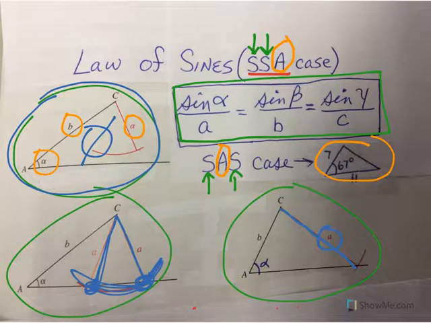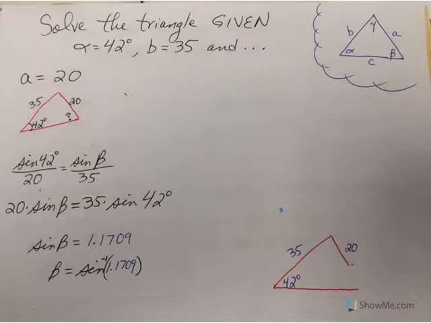Notice that if I were to extend this blue line the same length as A, it's too long and it doesn't connect to the triangle as the second example does over here. Now, I'm going to do the same exact problem three different ways, but all I'm going to change is the second side given.